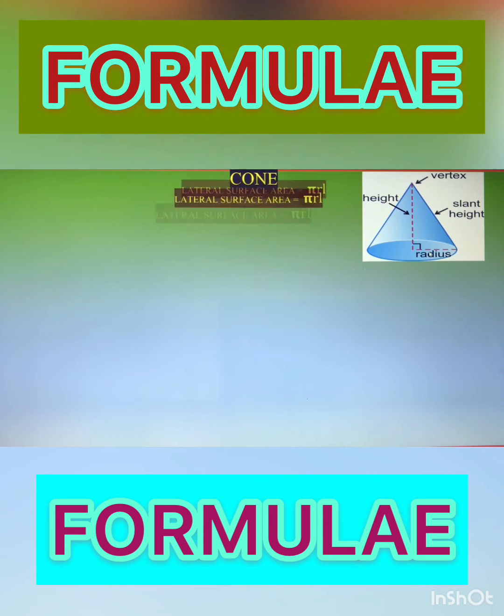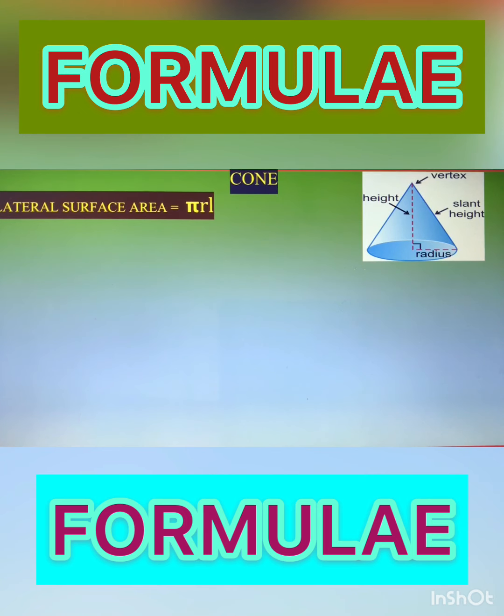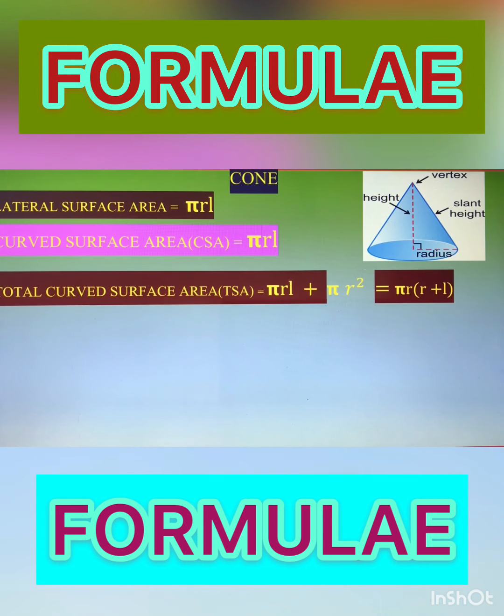So here's the first formula for the cone: lateral surface area of the cone is pi r L, that is, curved surface area of the cone is pi r L. After that, the total surface area of the cone is pi r L plus base area, that is pi r square. You will get pi r (r plus L).